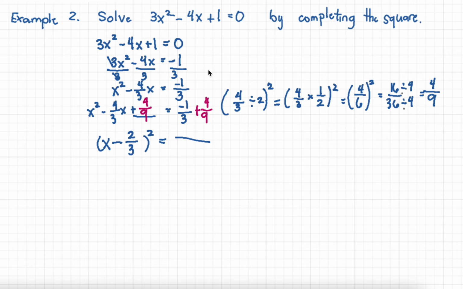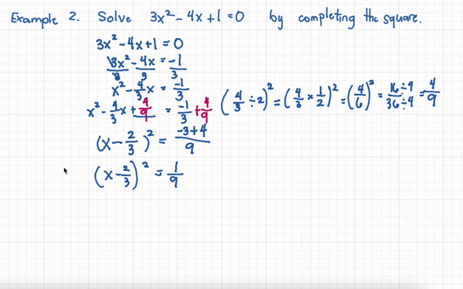So we have the common denominator, or the least common denominator of 3 and 9, is 9. So 9 divided by 3 is 3 times negative 1. That becomes negative 3 plus, okay, 9 divided by 9 is 1 times 4 is 4. So, simplify muna natin. So, x minus 2 over 3 squared. So, solve natin. Negative 3 plus 4 is 1 over 9.